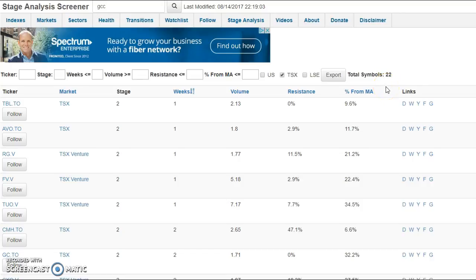So this is another sign that this is not the case for the TSX, because there's a low amount of stocks that are breaking out on big volume.